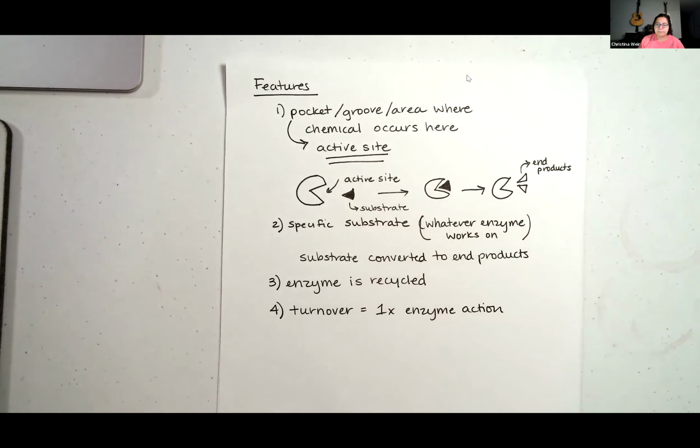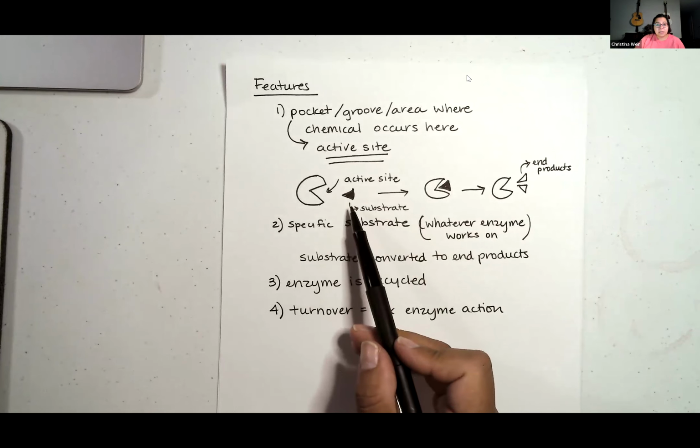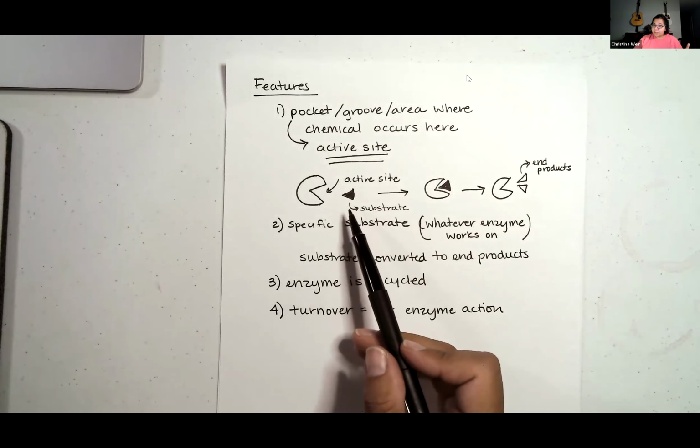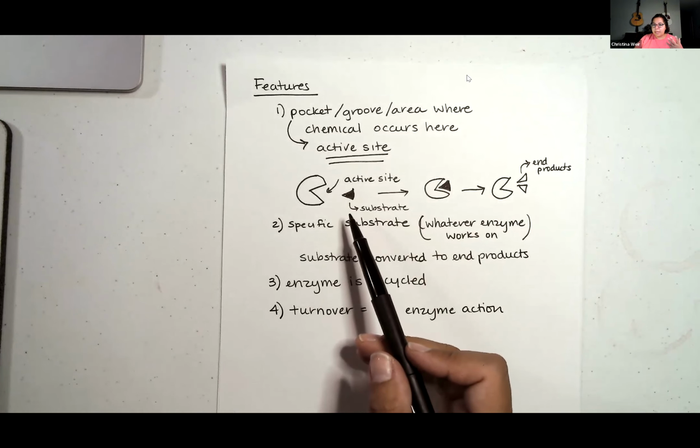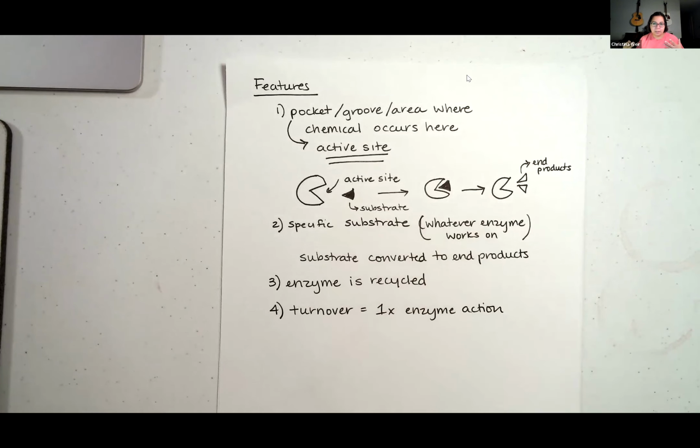You get the idea. Most enzymes work incredibly fast. How fast? Well, they can break down up to thousands of substrates per second. Not a single enzyme, but all of them working together, they can break down up to 1,000 per second. So that's a huge turnover number for enzymes.